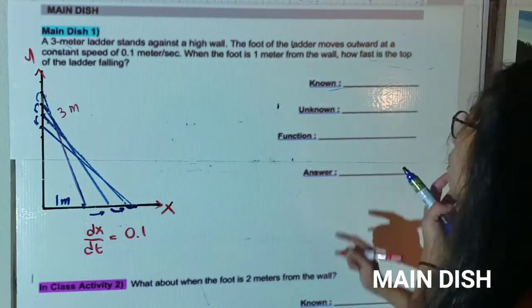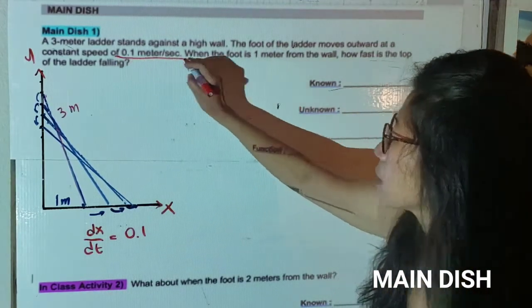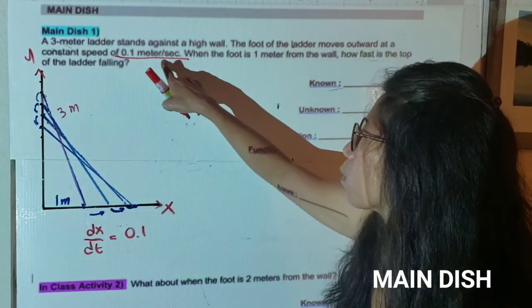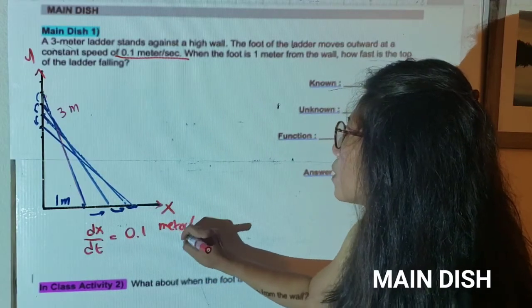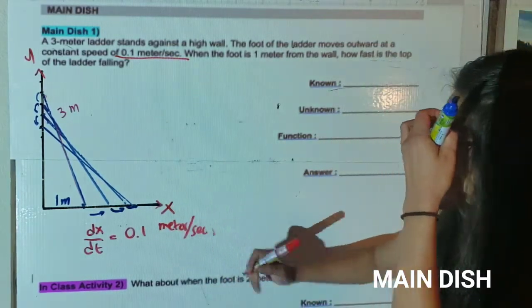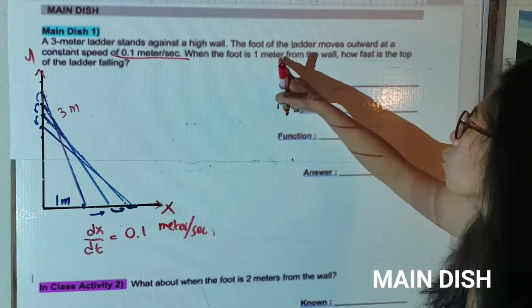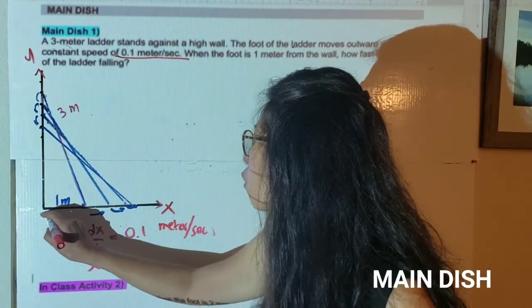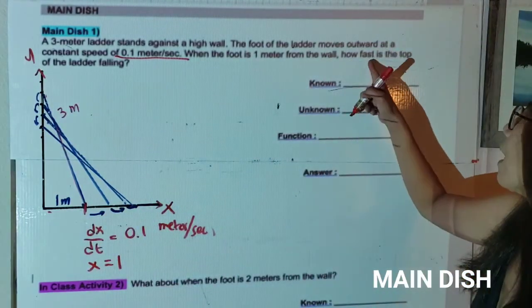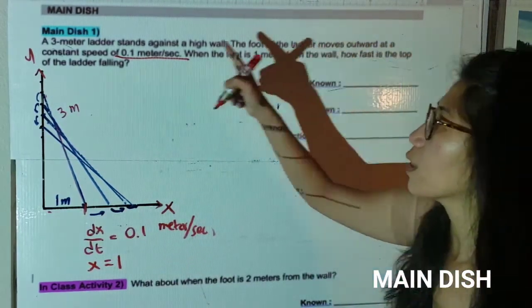Why did I do that? Well, the problem already gave me a hint: it's x over time, so meters per second. Then when the foot is 1 meter from the wall, they already gave me that x is 1 meter from the wall. How fast is the top of the ladder falling?